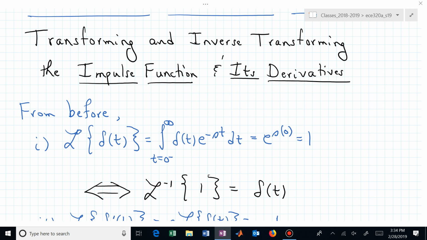What's inside there is, and I missed a minus sign, but it's the same because it's 0, e to the minus s times 0. That's when the waveform is evaluated. And e to the 0 is 1.